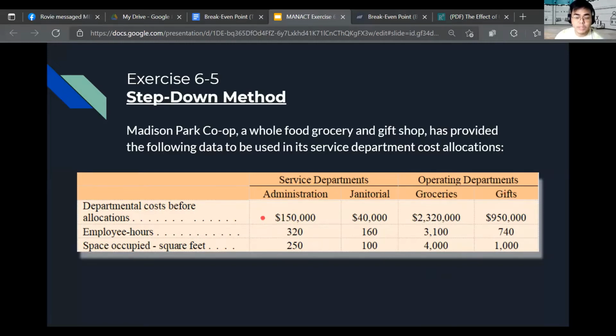So the initial cost before allocation, we have 150,000, 40,000, 2,320,000, and 950,000. We have the employee hours in each department: 320, 160, 3,100, and 740. And also we have the space occupied in square feet: 250, 100, 4,000, and 1,000.